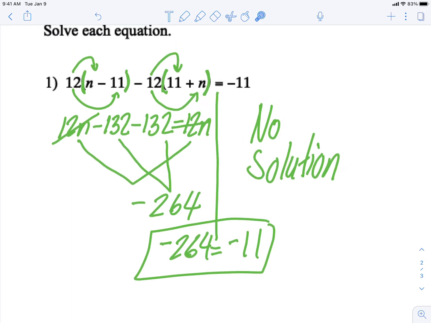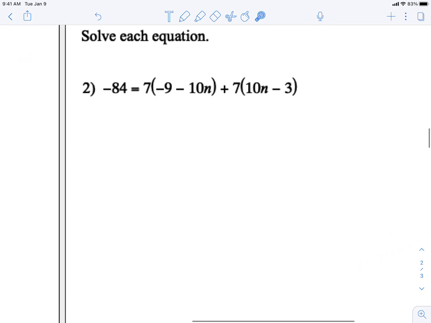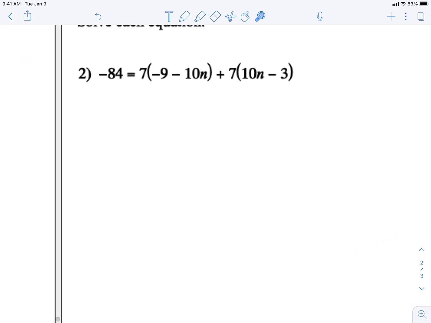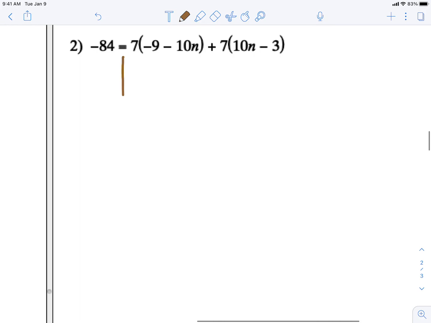So let's try number 2 now. Again, first thing we're going to do is draw our line of separation under the equal sign, just like that.